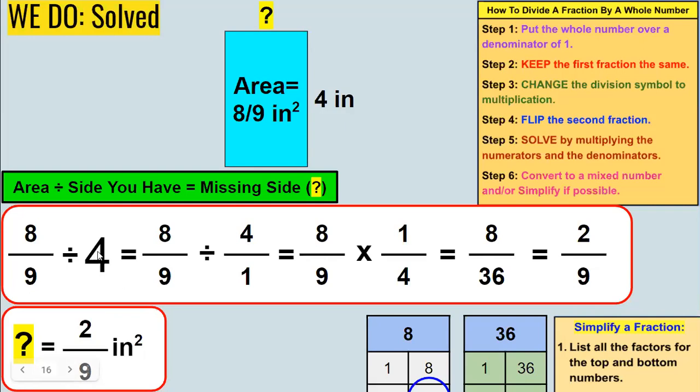But we have to divide or multiply by the reciprocal of this, and the reciprocal of that is 1/4. So every time you see a whole number and you have to divide, you have to multiply by the reciprocal, which is the flipped version of this way to write the whole number.